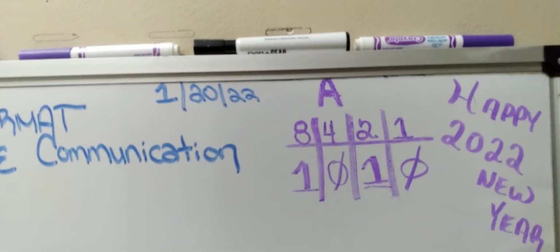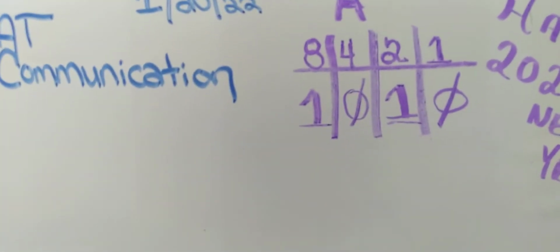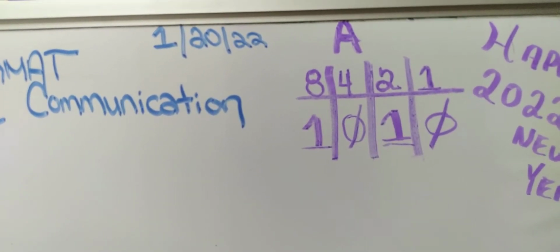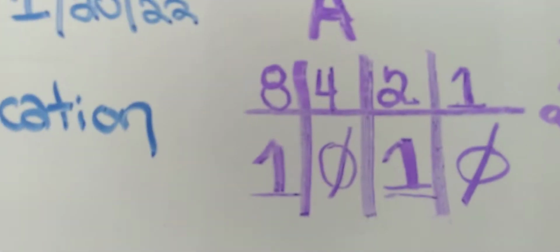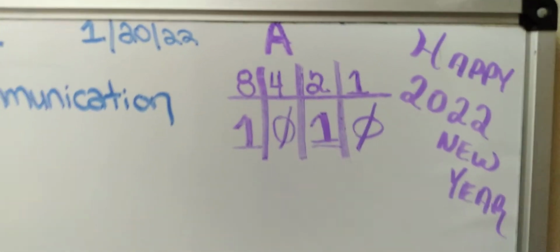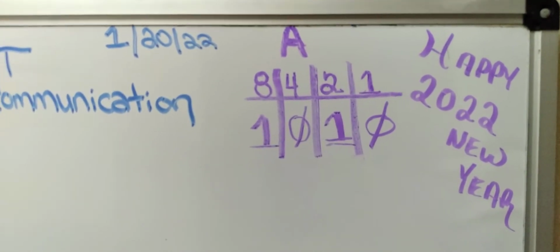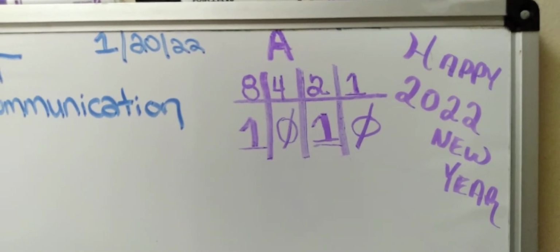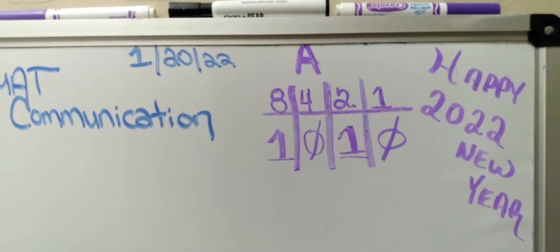So again, if I have a 10, that's going to be 8 plus 2. So the A would break down into 1, 0, 1, 0. So whenever we see one of those hexadecimal digits in the address, we have to realize that it is representing 4 bits.